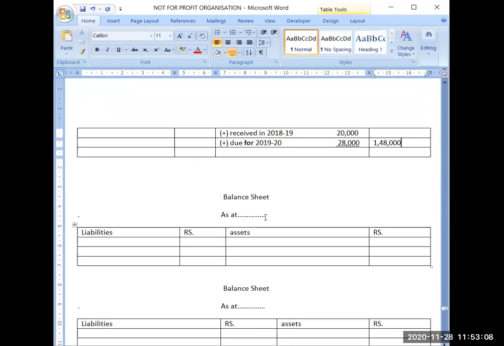Now again we will be preparing two balance sheets. One is as at 31st March 2020 for the current year, and one will be as at 31st March 2019.